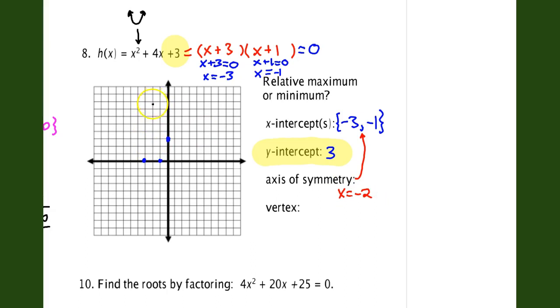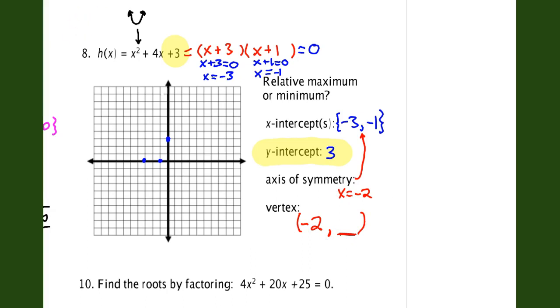So somewhere down here, the middle of these x-intercepts is our vertex. So our axis of symmetry is always the first coordinate of the vertex. That's the x-coordinate, and we just need to find out where the vertex is exactly.